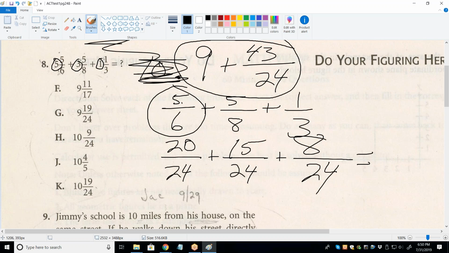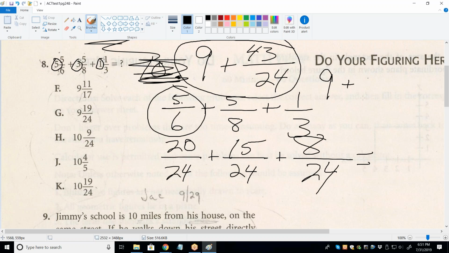Convert 43 24ths into a whole number and some 24ths. Is it less than 1, greater than 1, less than 2, or greater than 2? Greater than 1 for sure.